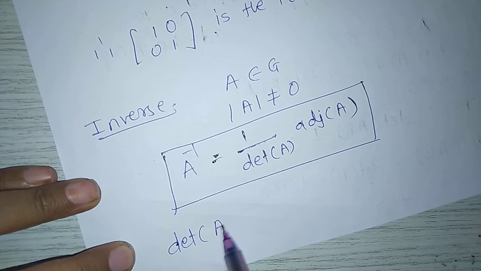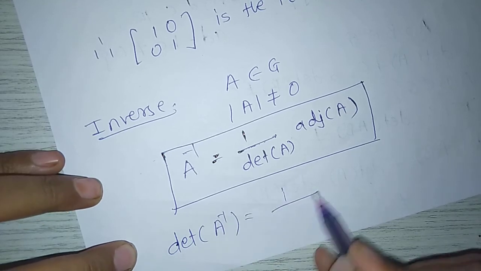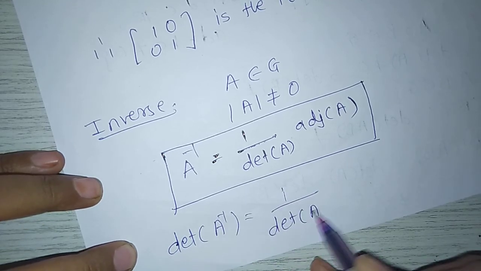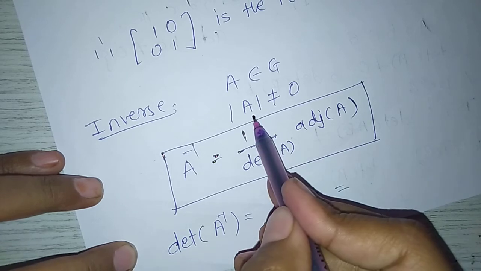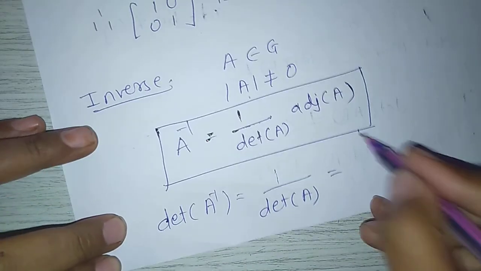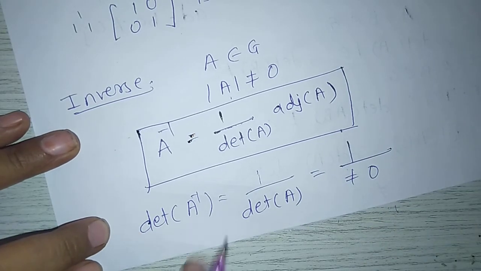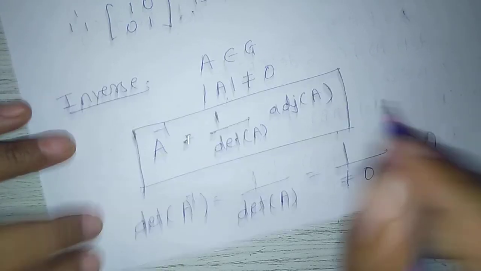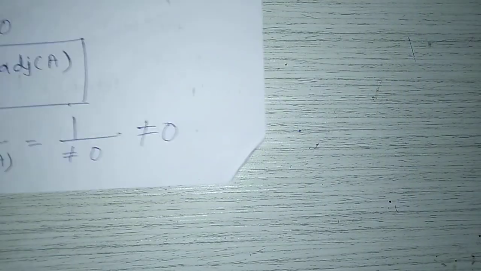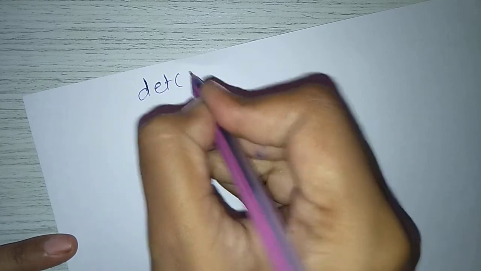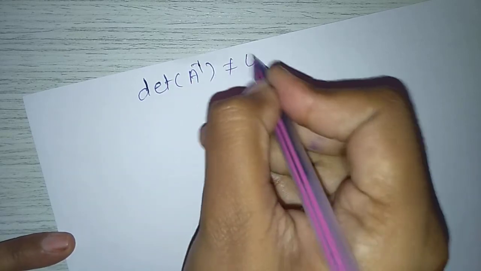Determinant of A inverse means 1 upon determinant of A. Here determinant of A is not equal to 0, so 1 upon determinant of A is not equal to 0, meaning determinant of A inverse is not equal to 0.